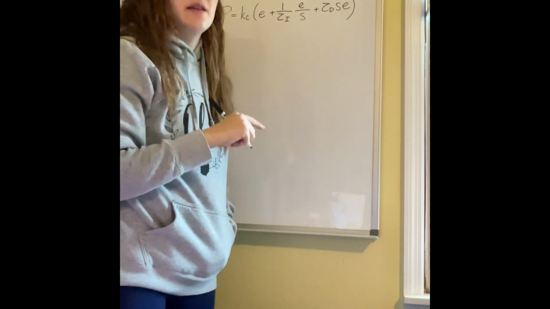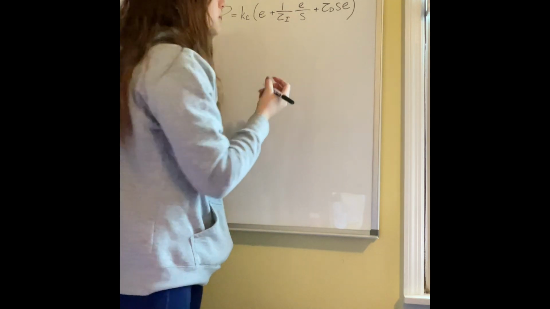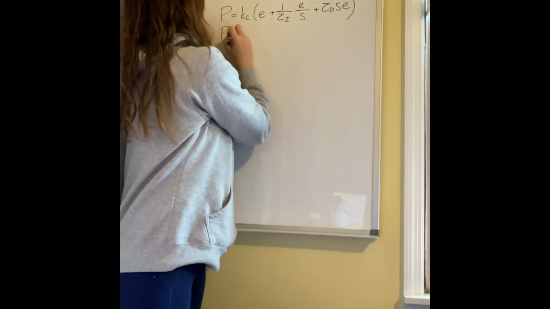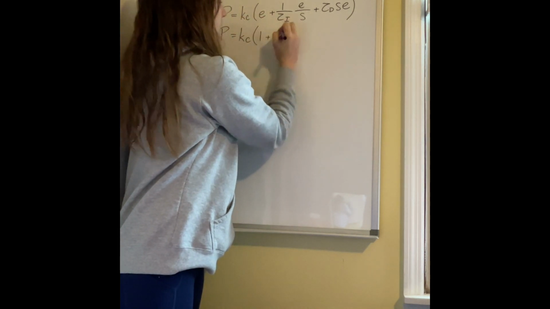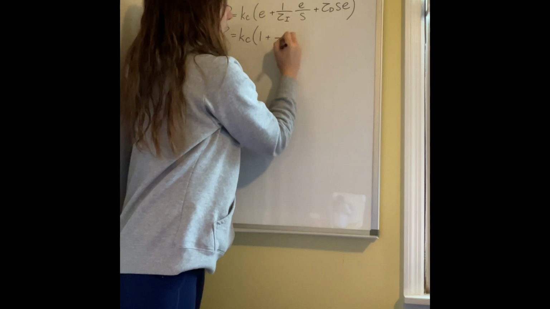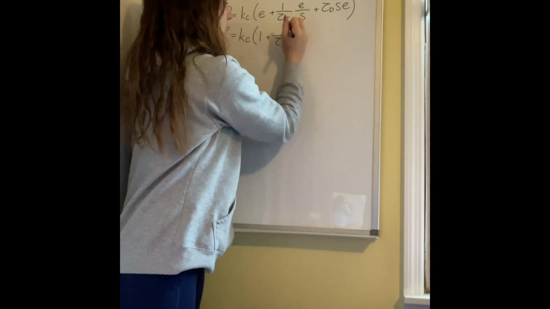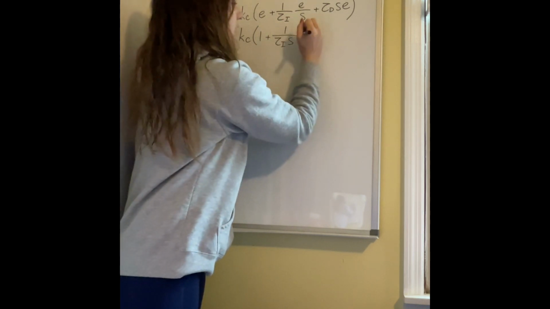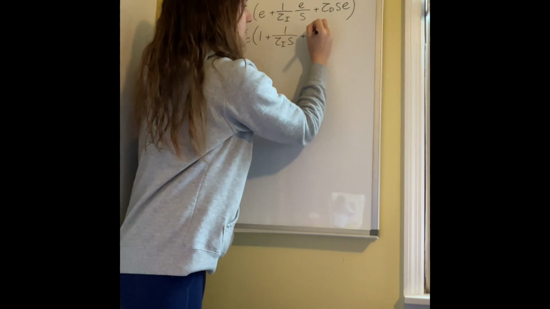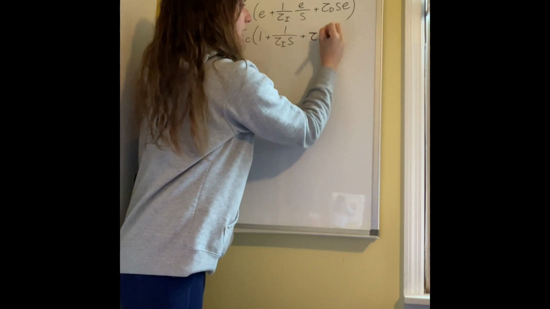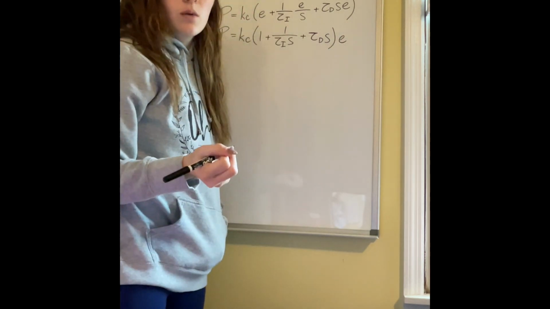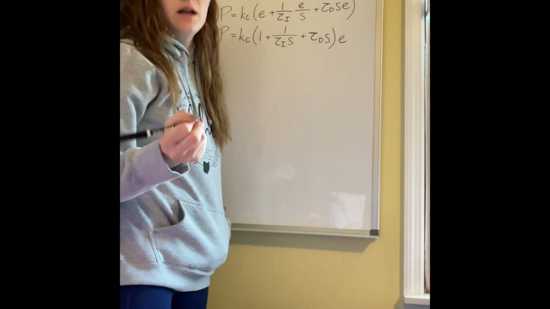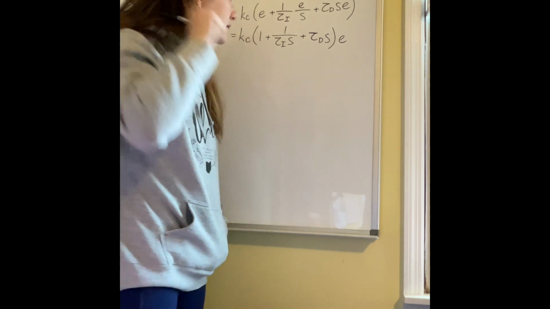So now we're going to simplify this a little bit, and I'm going to pull e out of the parentheses. So we're going to have big P is equal to Kc times 1 plus 1 divided by tau I times s, plus tau d s, and then we pulled e out. So now we can go one step further in simplifying this and create a common denominator for our parentheses.